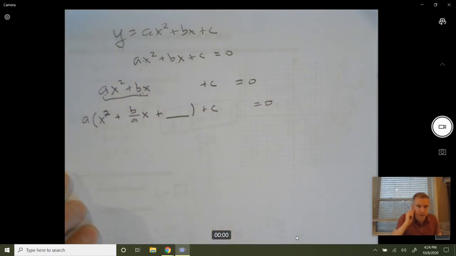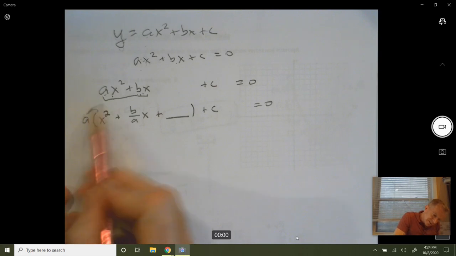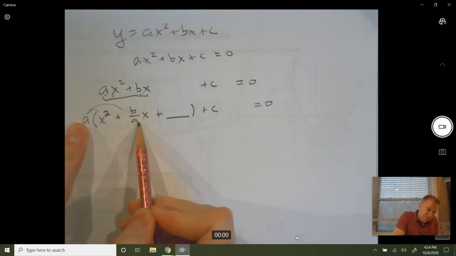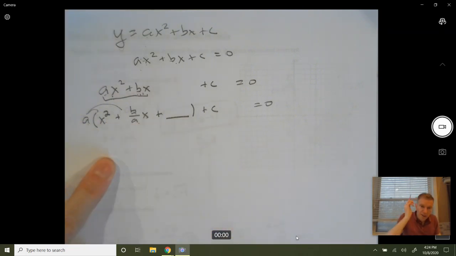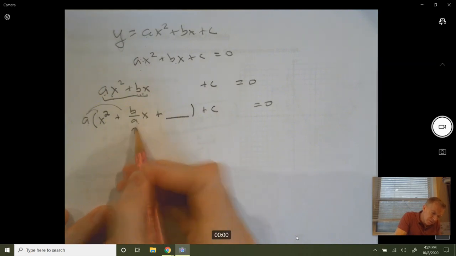Now let's just double check that when we multiply that out, that works. a times x squared gives me this. a times this thing will get ab over a. The a's will cancel, and you'll just get b times x, which is what we have. Now remember how we complete the square. We take this coefficient, b over a.